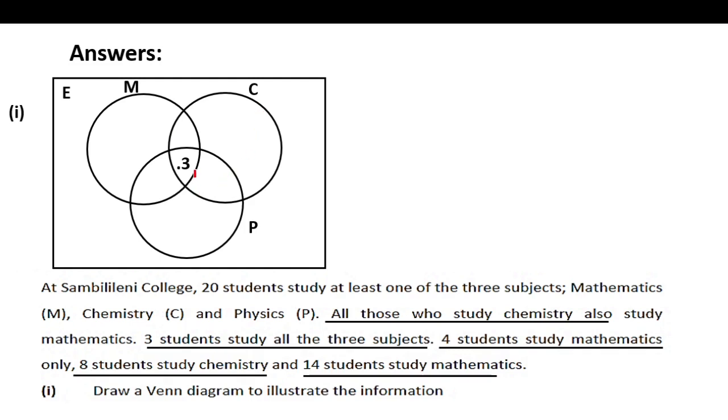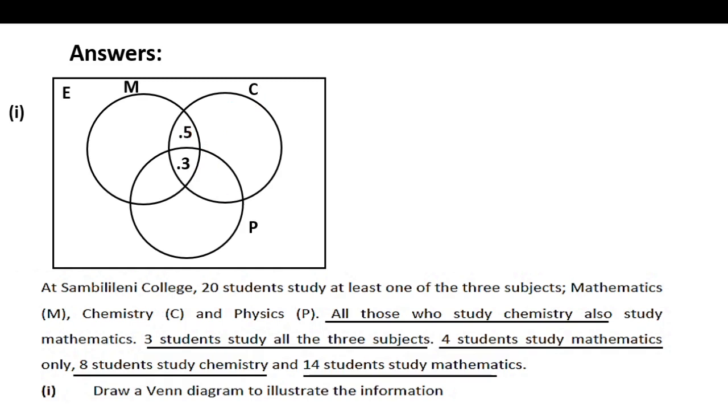Here we already have those that study chemistry and mathematics in this 3, because it includes those that study mathematics and also chemistry. So since 3 of the 8 are already included, we say 8 minus 3 to find those that study only chemistry and mathematics. So 8 minus 3 will remain with 5.